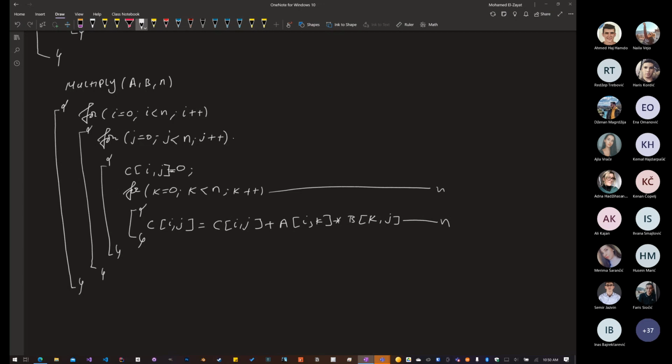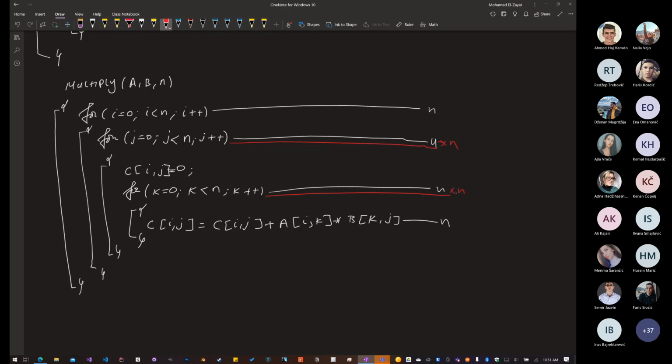So n, this will run n times, from the perspective of this for loop. Now we are done with this guy. Let's talk about this guy. This guy will run n times, into n, and eventually this will run as well into n.